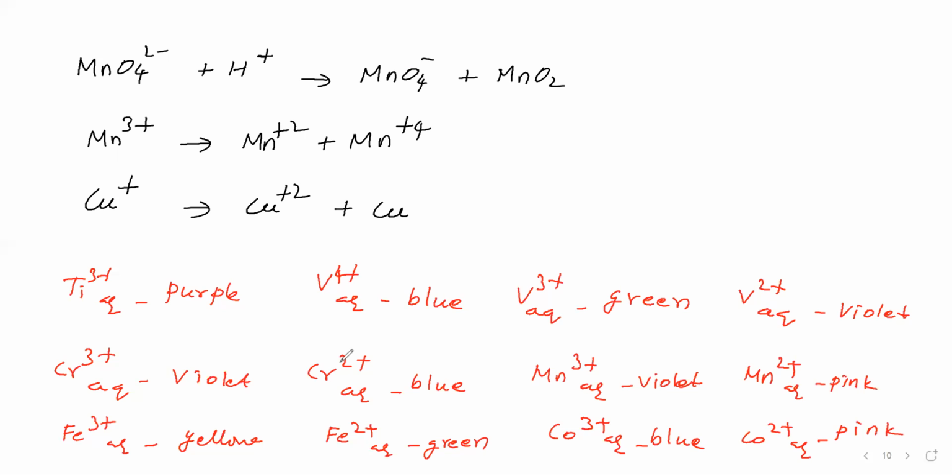Sir, why do transition metal ions exhibit color? Because of dd transition. What is dd transition?